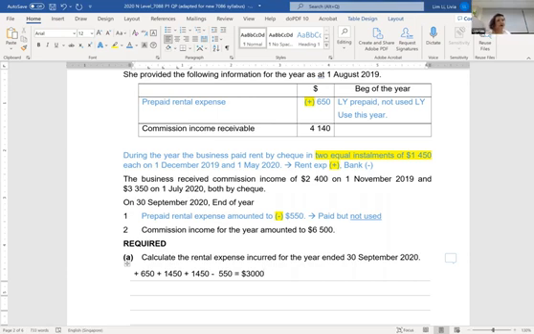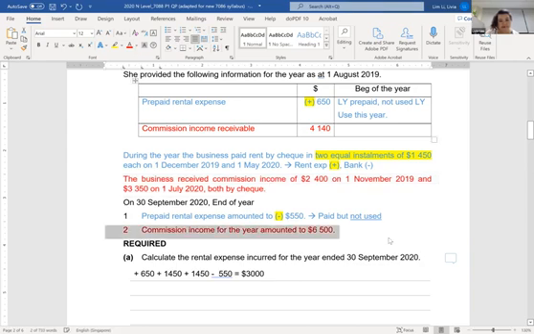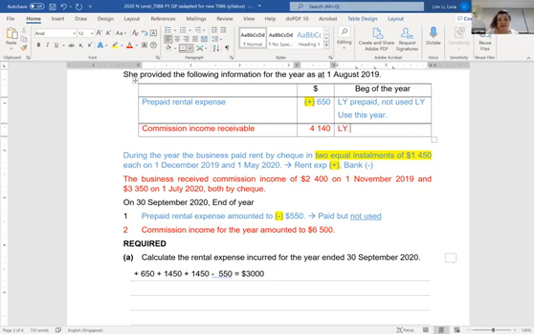Okay, the next example, commission income receivable, which I am going to turn to red color. Firstly, what is a commission income receivable? Last year's receivable means, did you do the work last year?